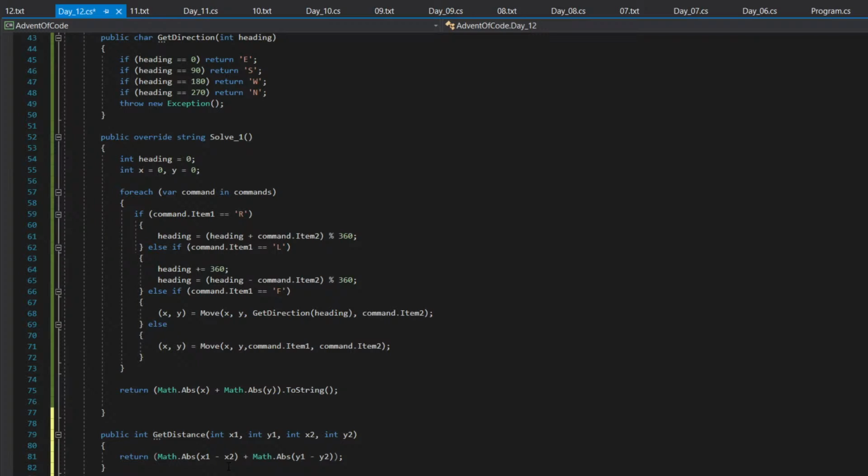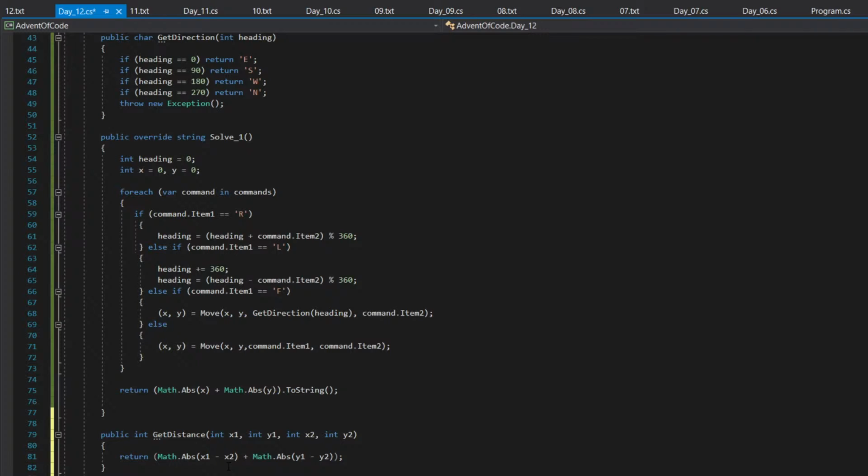So X and Y is going to be our waypoint, right? No, X and Y is going to be our ship. And then we need a direction. We need a heading. So X2, sure, we'll call this X2.